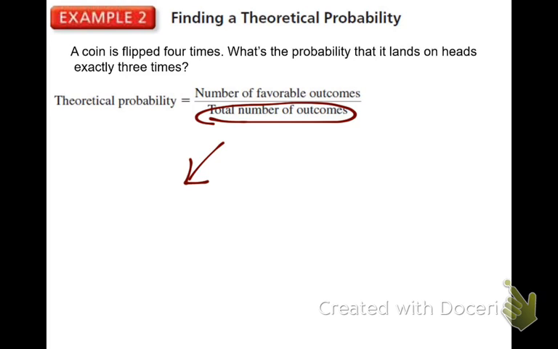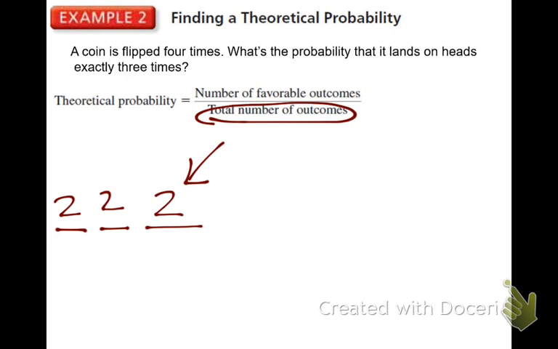How many events are happening? 4 events. In the first event, what are we doing? Flipping a coin. How many outcomes are there when you flip a coin? 2. The second time you do it, how many outcomes? Still 2. The third time, still 2.